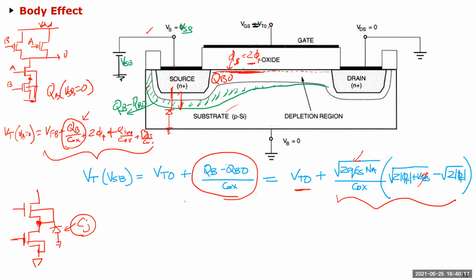And also layout area. So your layout area will start becoming larger and larger, because now you have to separate them in different wells, and the well separation design rules are longer and larger and so on. So when you do layout, it'll be more clear. Okay, any questions on the body effect?